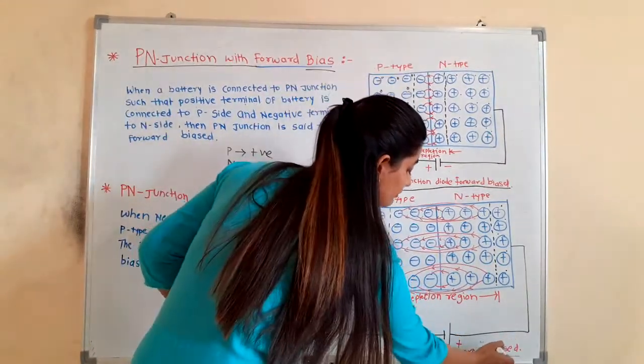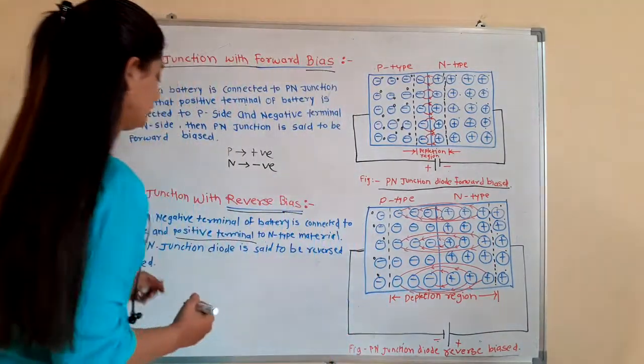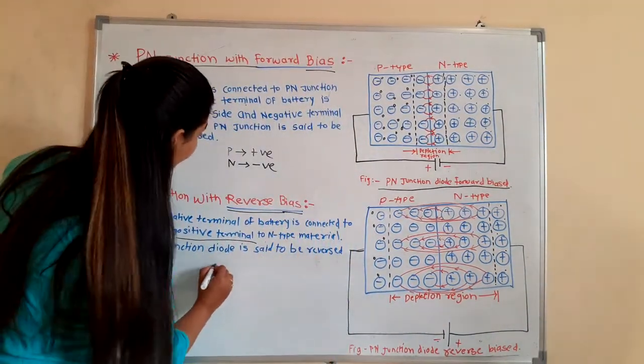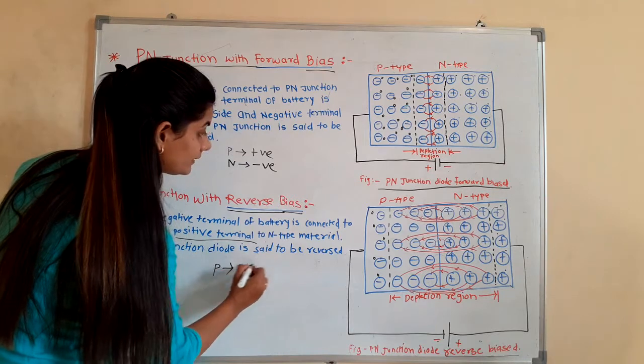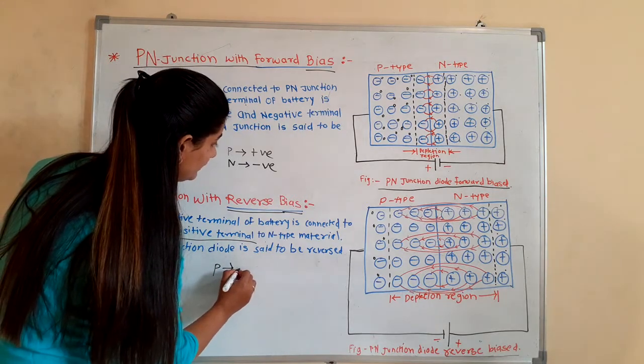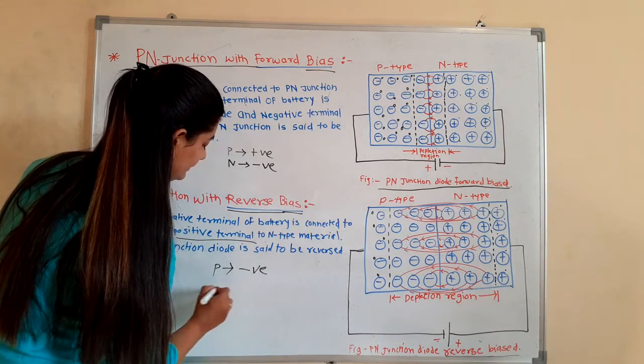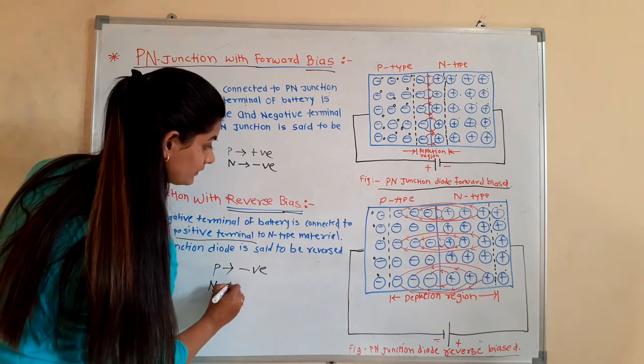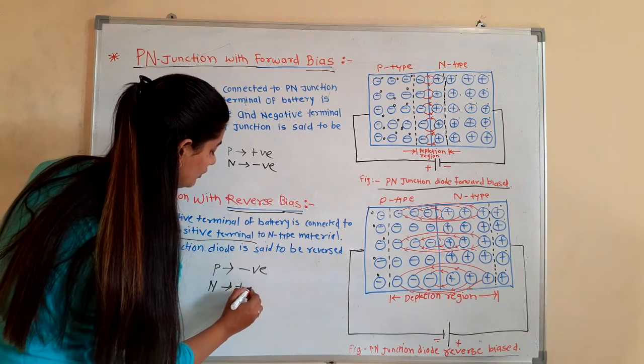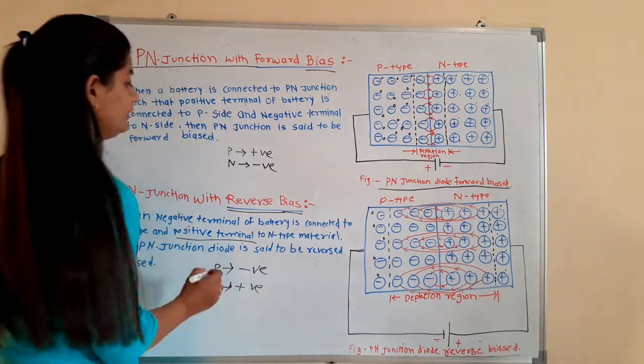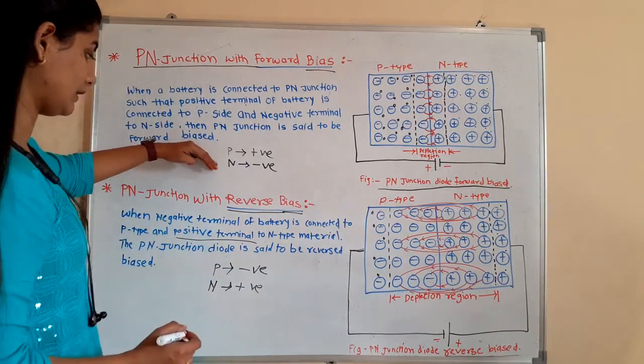a reverse bias, okay. So let's see, P type is connected to the negative terminal of battery and N type is connected to the positive terminal of battery. So there is a vice versa, okay.